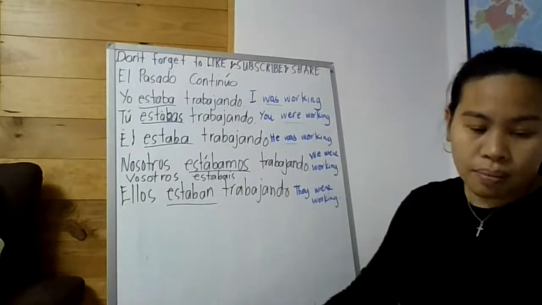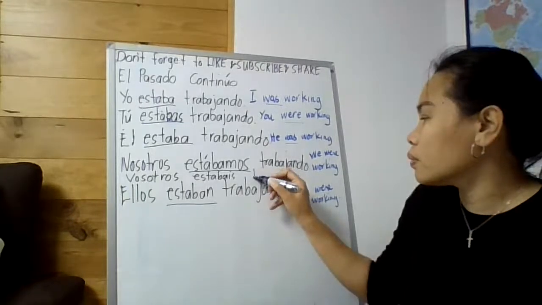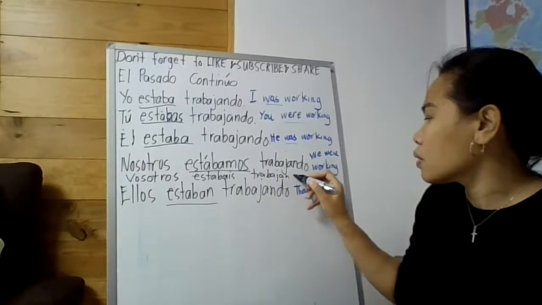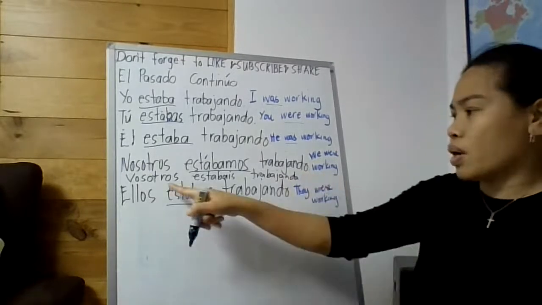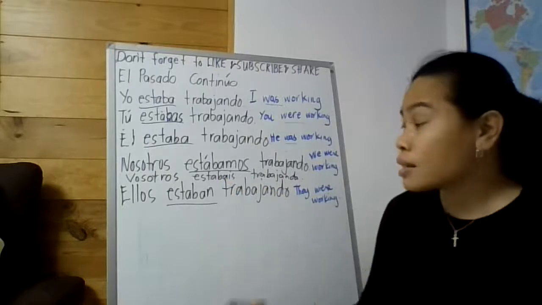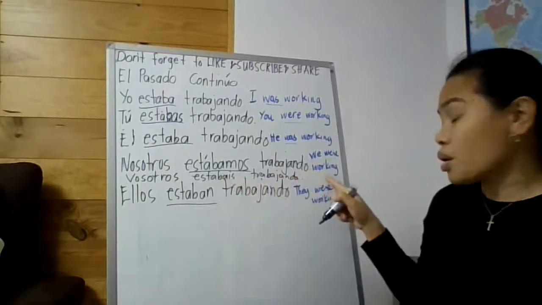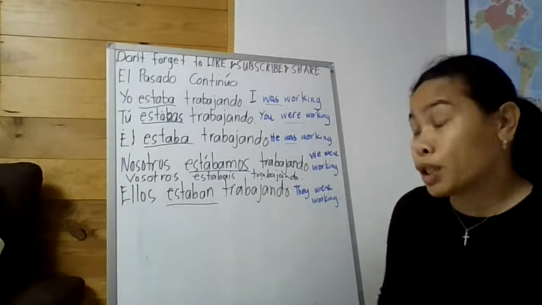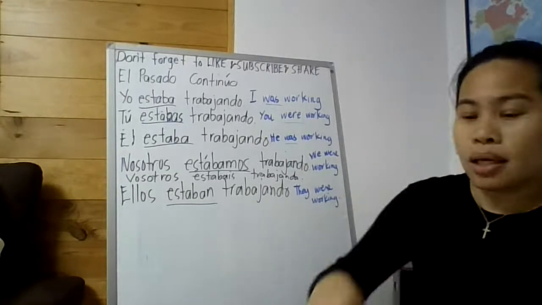Okay? Estabais trabajando. So, this one, vosotros estabais trabajando. So, that is, you were working. Okay? You were working. Second person, plural.